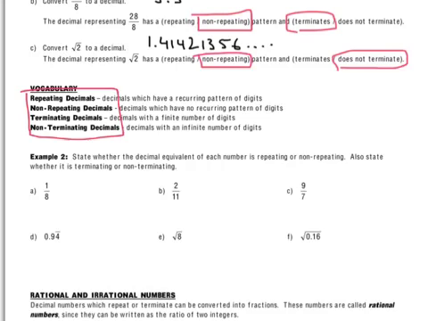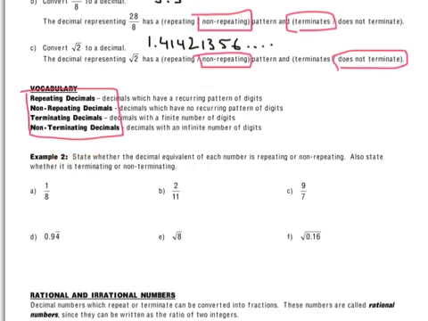Terminating decimals, decimals with a finite number of digits. Finite just means it stops somewhere, it doesn't keep going on forever. And then non-terminating, we're looking at infinite number of digits, so it would keep going on forever, such as in the case above here. Okay, so example number 2.